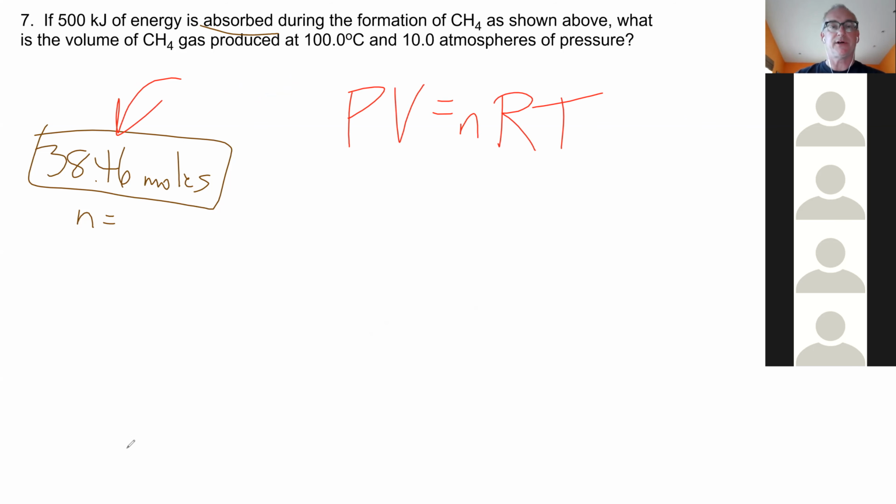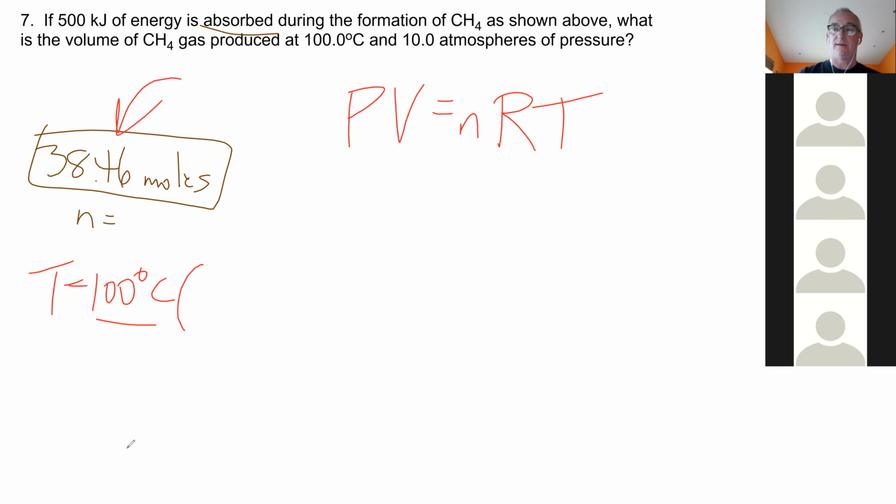What is my temperature? 100 degrees C. So what's my temperature in Kelvin? 273.15 plus 100. 273.15 is the temperature in Kelvin when you have 0 degrees Celsius.